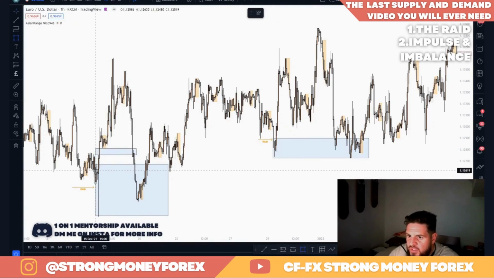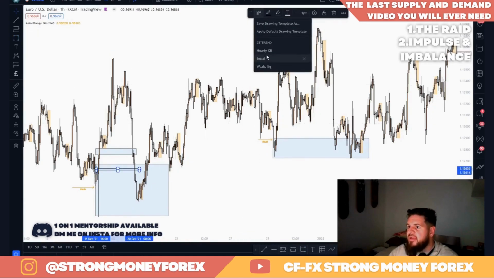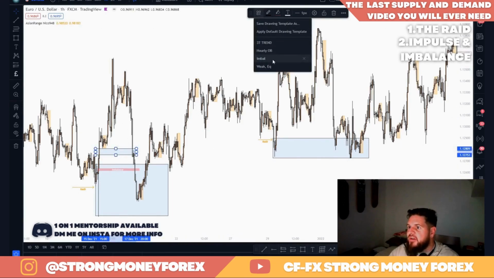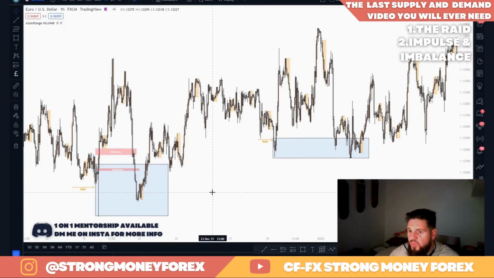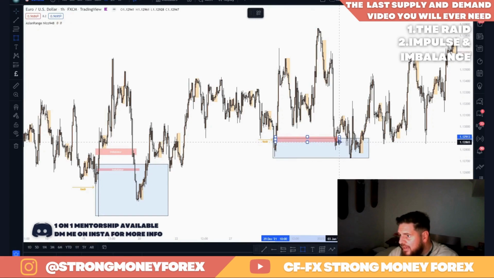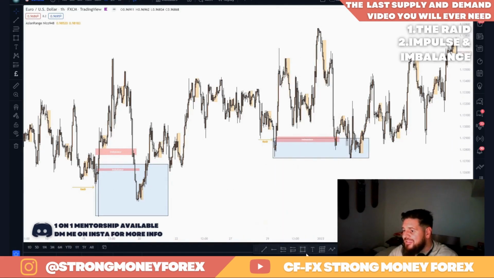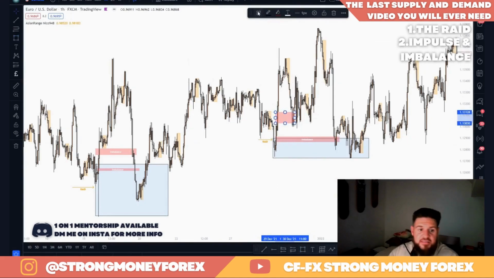The reason why we're looking for these imbalances is because it acts as a magnet for price to come back to. And if we've got a magnet for price to come back to, the likelihood of our zone upholding and price returning to it is much higher. If you're trading supply or demand without imbalance, you are doing it wrong. And I promise you this, you are either getting lucky if you're winning, or you're losing.